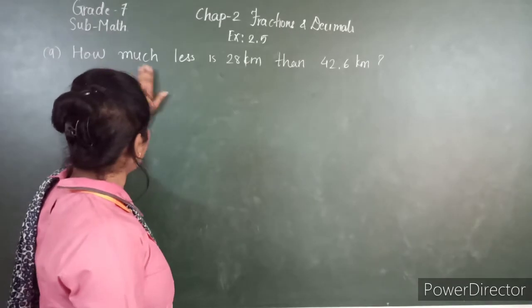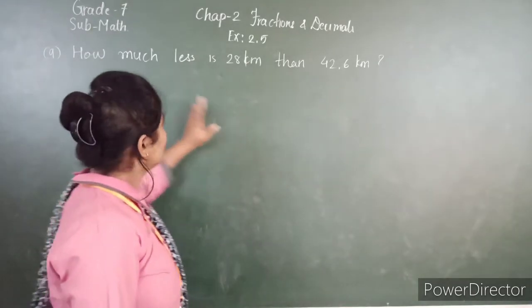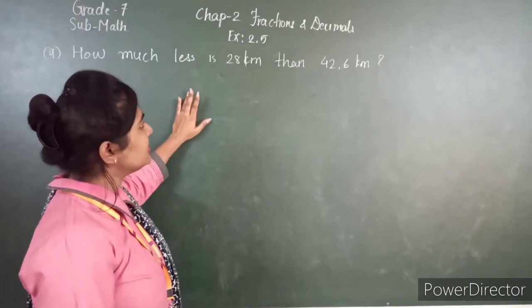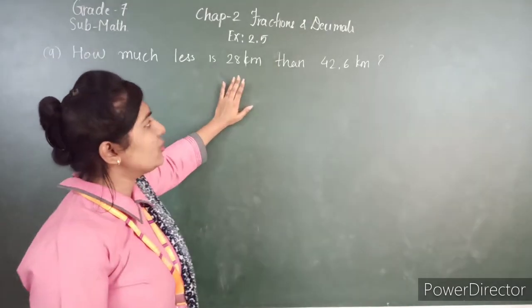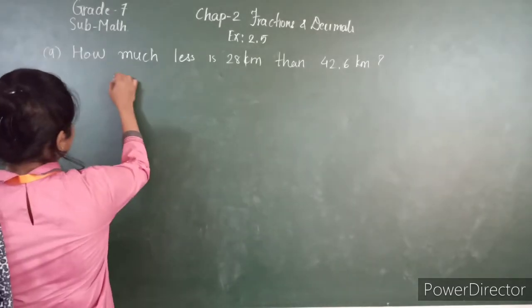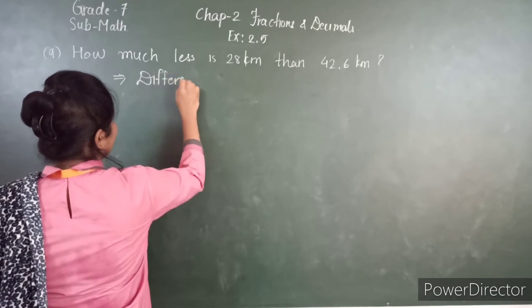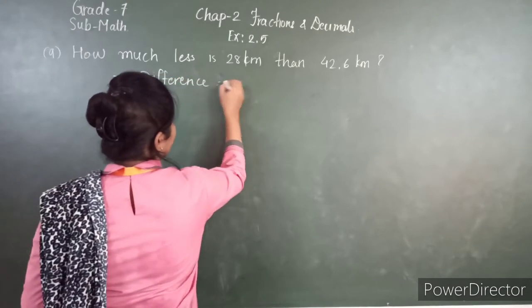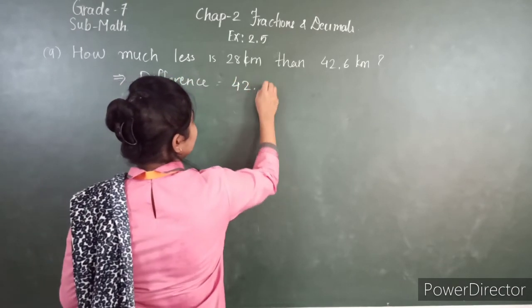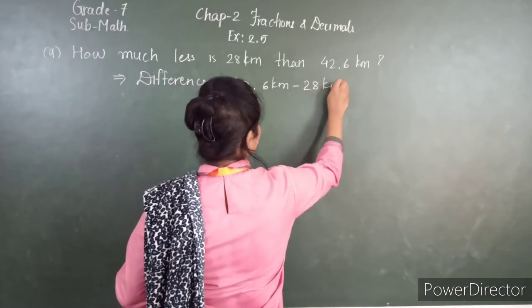Now number 9, how much less is 28 km than 42.6 km? So here we have to find out the difference. We have to subtract 28 km from 42.6 km. So let's write this difference. 42.6 km minus 28 km.